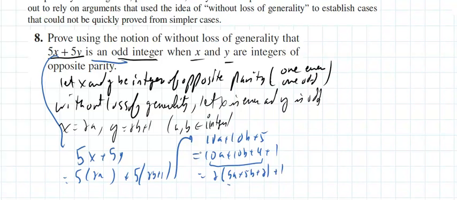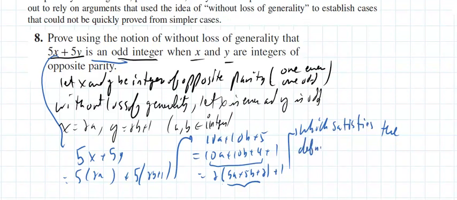Well, by definition, this is an integer times 2 plus 1. And that is pretty much what the definition of odd is, which satisfies the definition of being odd.